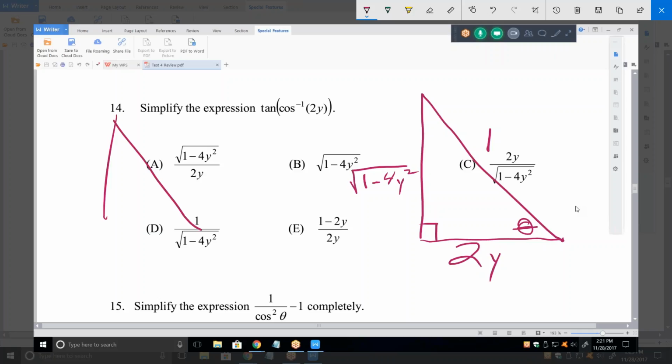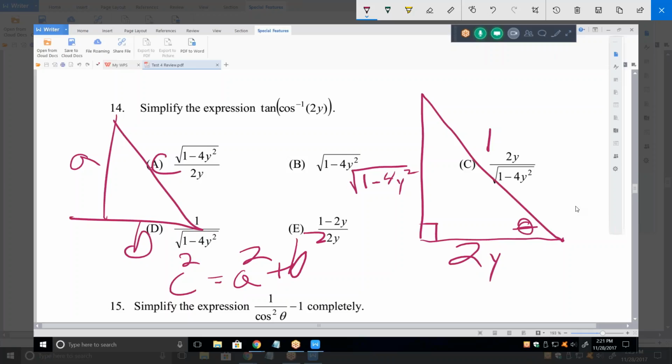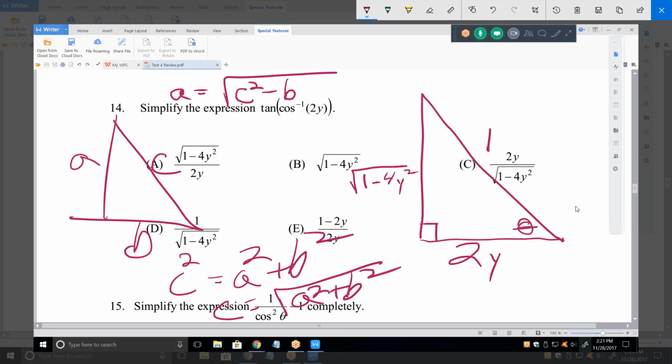Here's our right triangle. That's C, that's A, that's B. We know that C squared equals A squared plus B squared. So C is always the square root of that. Okay? If you're solving for one of the sides, A has to be the square root of C squared minus B squared.